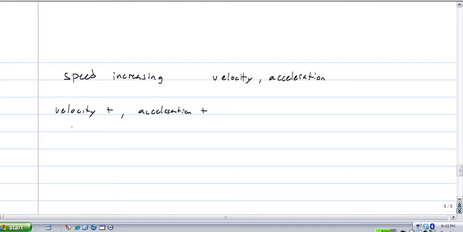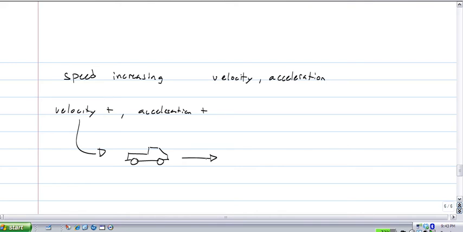One way to think about that: velocity being positive means you're moving forward. So think if you're in a car, and velocity is positive, I guess I drew a truck. If you're in a car, a truck, and velocity is positive, you're moving that way.